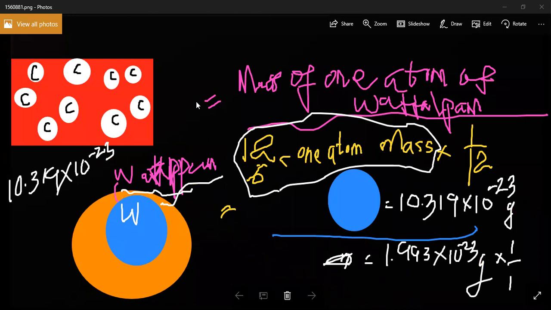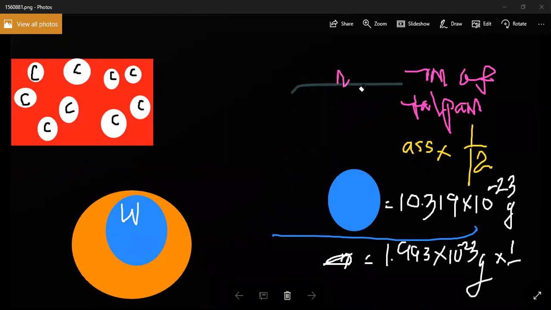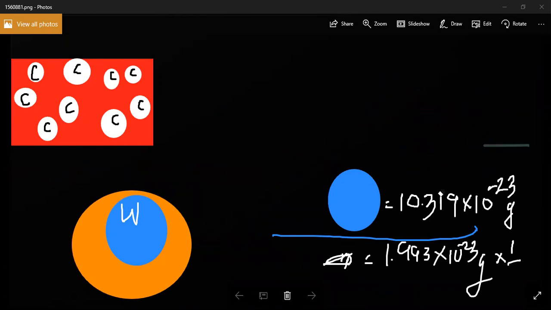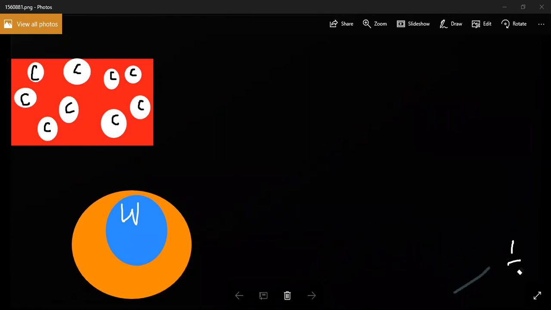Let's do some interesting things here. Now if I want to find the relative atomic mass of, for example, sodium. Sodium we have already found, no? Okay, let's find the relative atomic mass of carbon.